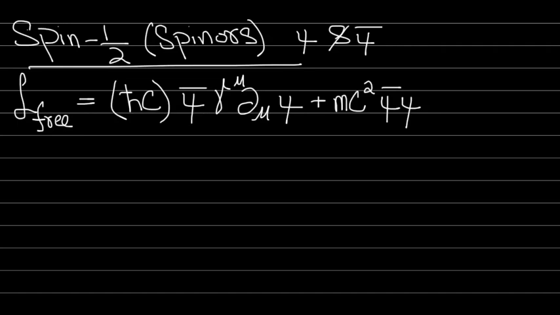And this equation, even though we humans were neglecting or rejecting the idea of antiparticles, they are actually there, and the equation knows about these particles. So the mathematics knows about this.